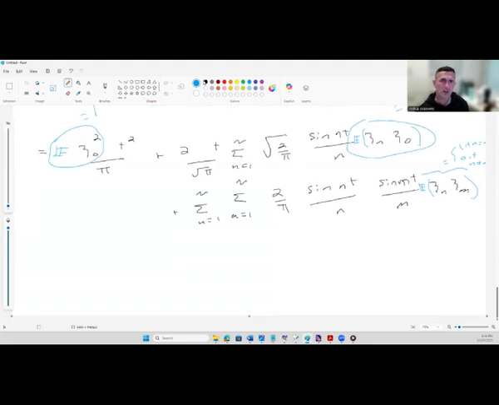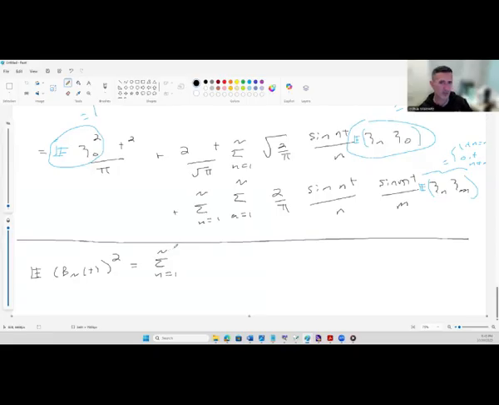So I think it's just neater to rewrite things. The conclusion is that the expectation of Bn of t squared is going to be this sum here, but again, m has to equal n, so I'll just write one term here. You don't want to forget this.